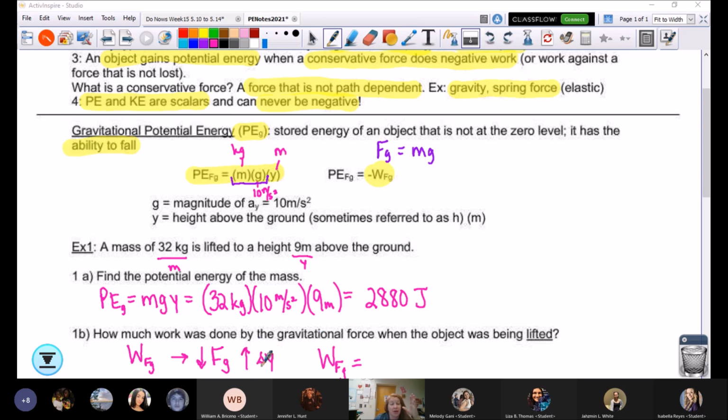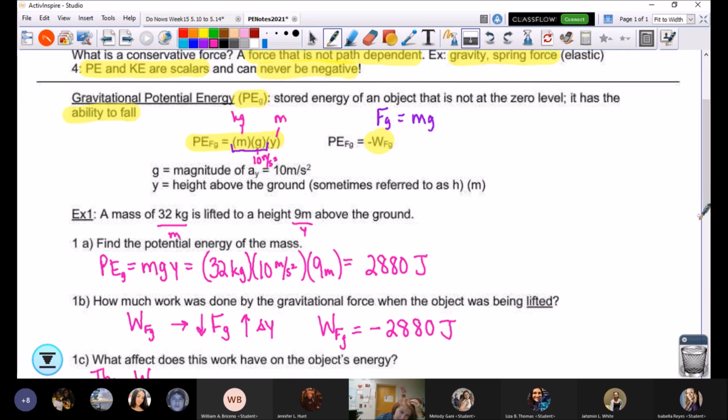They're in the same plane, opposite direction. So what happens? Well, that makes our work negative, and we know that the work is going to be equal in magnitude, opposite in direction of our potential, because they're going against the force of gravity to lift it.